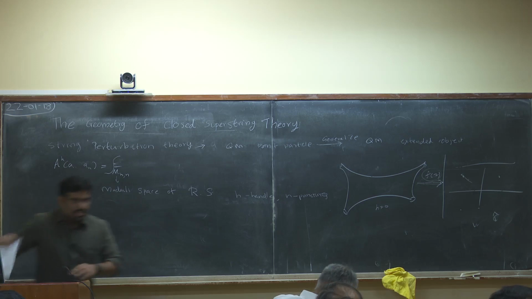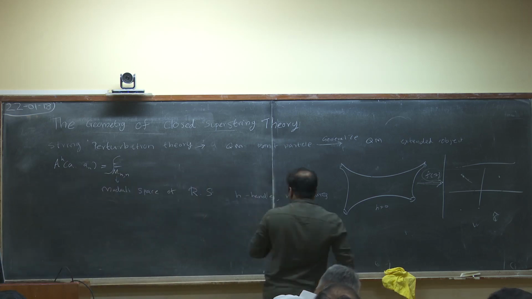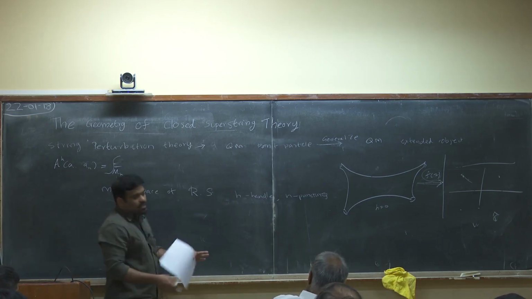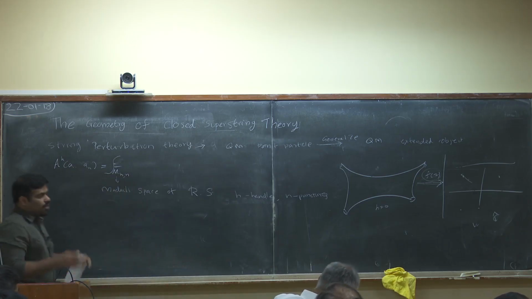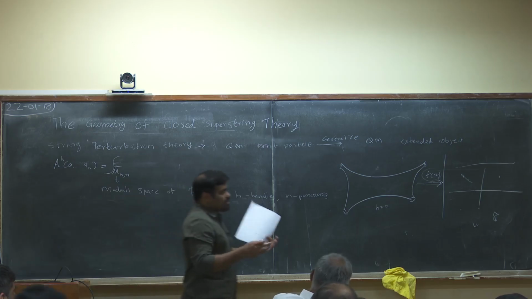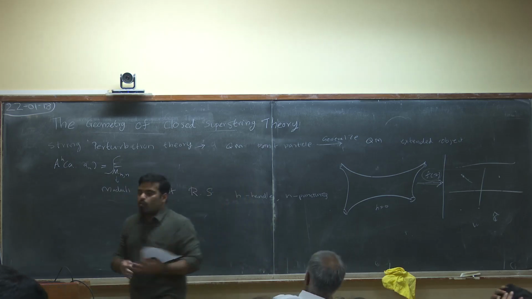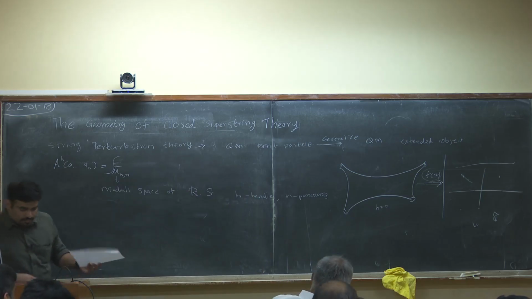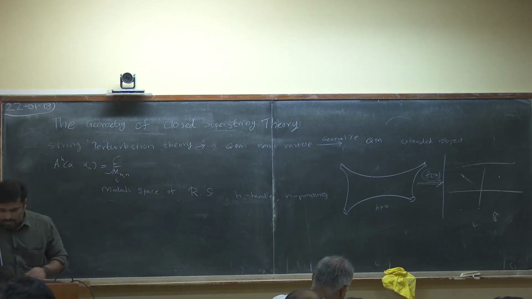I just said that I have Riemann surfaces. I explained the notion of complex structure on a Riemann surface, but I didn't tell you when two Riemann surfaces can be equal, or when I can identify two complex structures. So let me explain that.